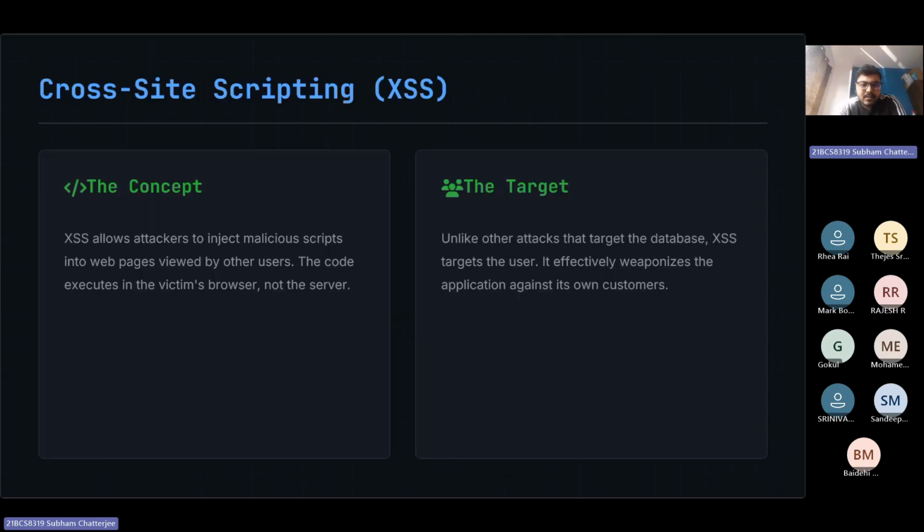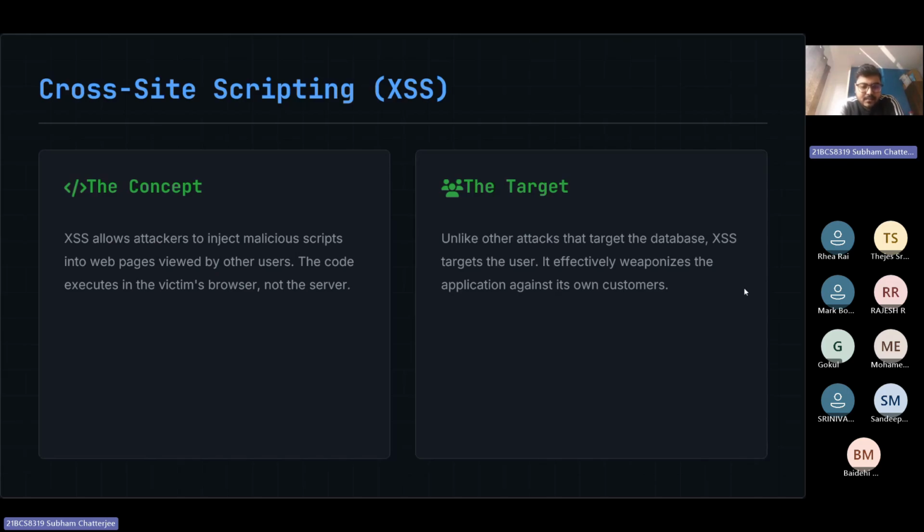So coming to the concept of XSS, today we are going to go with hands-on experience. Last time I explained what XSS, cross-site scripting, is. Basically, XSS allows an attacker to inject malicious scripts. It happens because input validation might not be there or is not working properly.